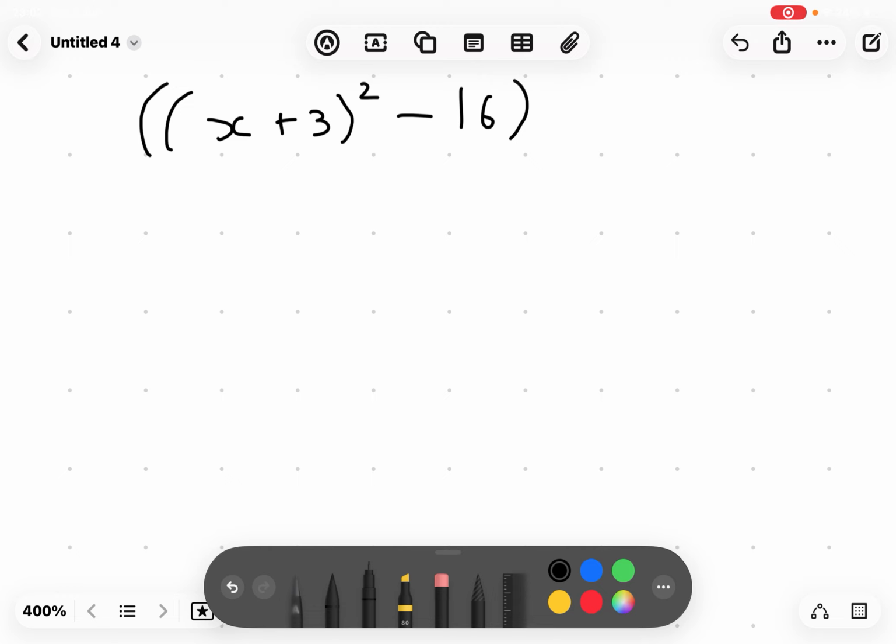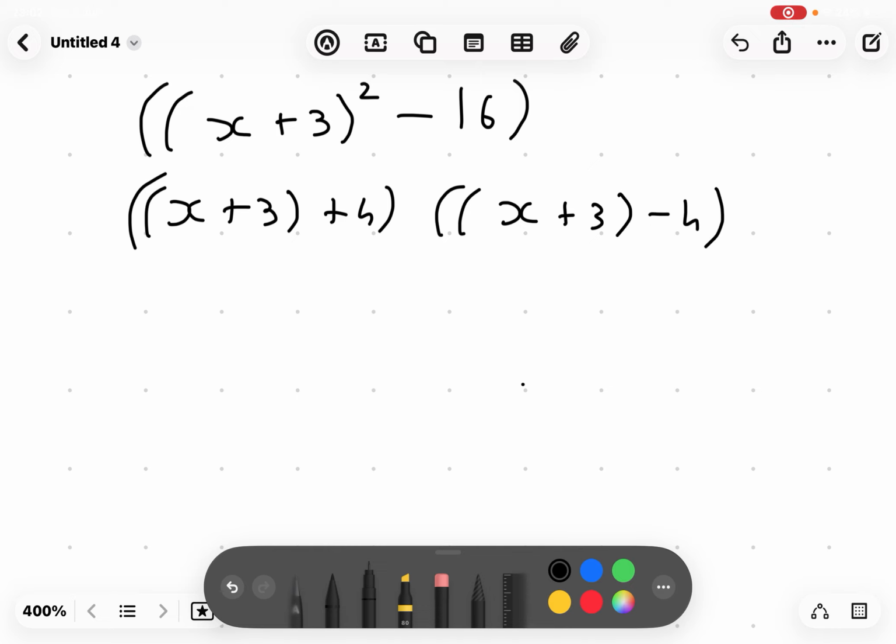So first we do this thing, x plus 3, and then we do plus 4, and then we do another one, x plus 3 minus 4, and then over here we will have x plus 7, and over here we will have x minus 1, and that will be our final answers.